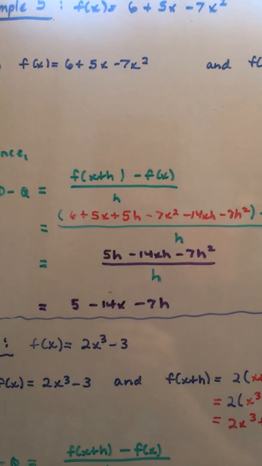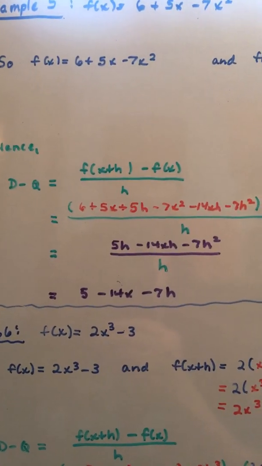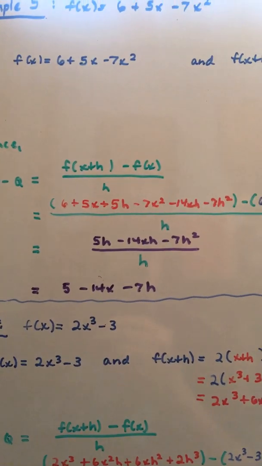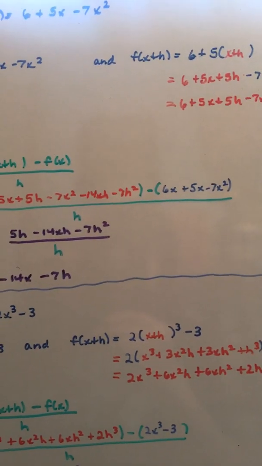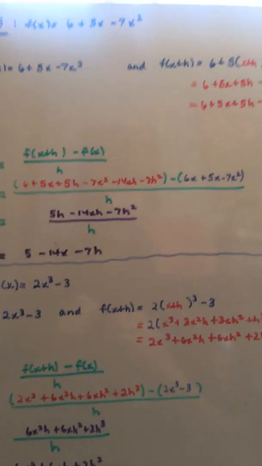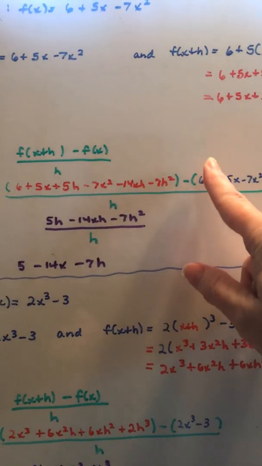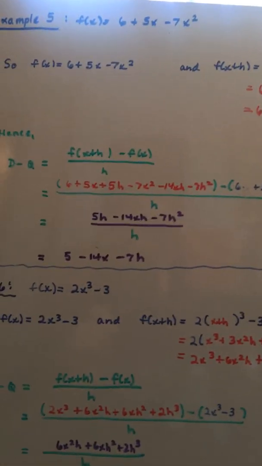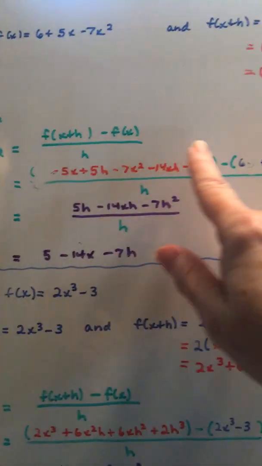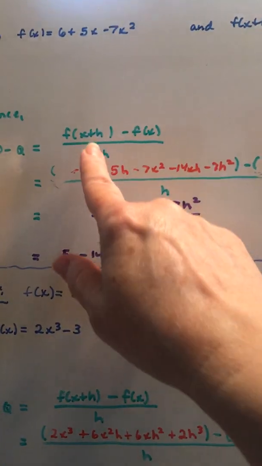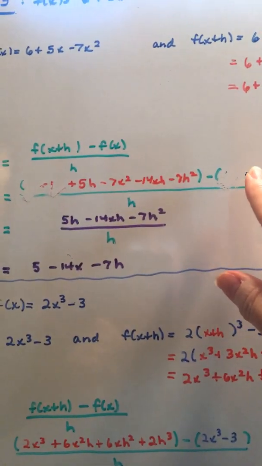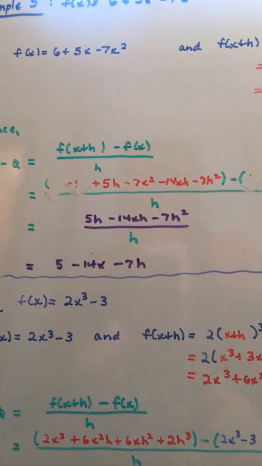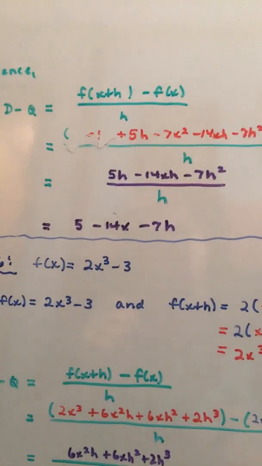So doing my difference quotient, f of x plus h minus f of x over h, I substitute the f of x plus h, I substitute the f of x, and notice, that wasn't supposed to have an x there, sorry. This 6 minus 6 is 0, -5x, and a positive 5x minus my 5x is going to be 0.